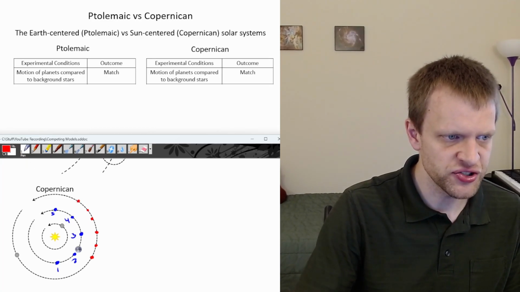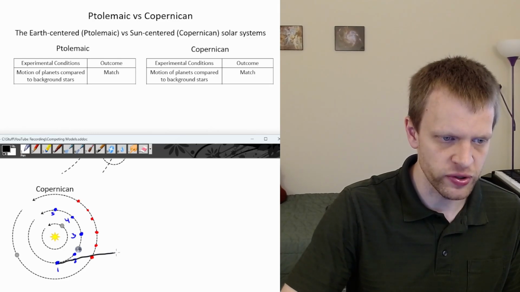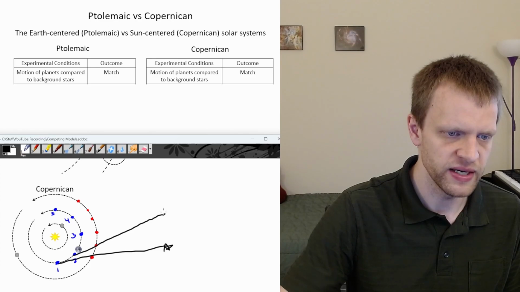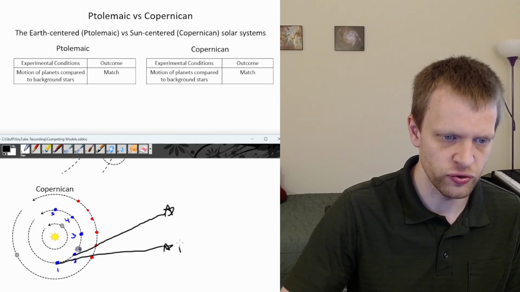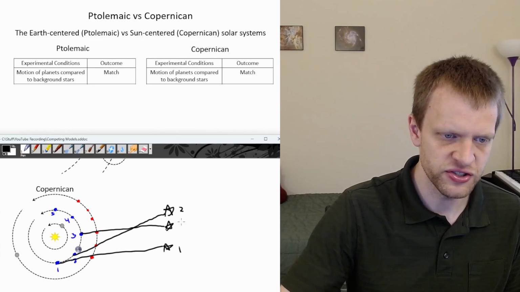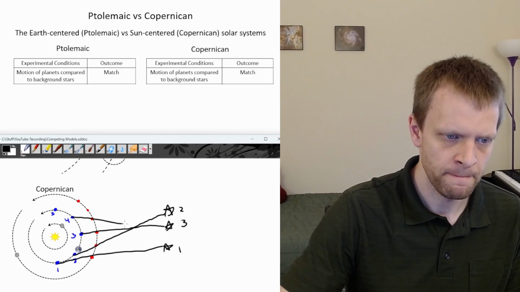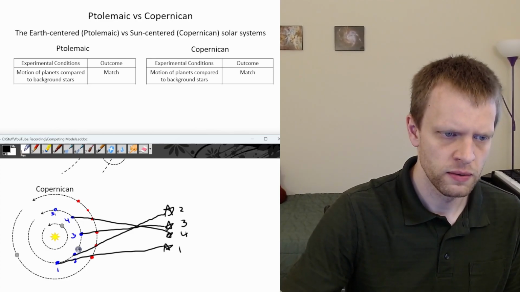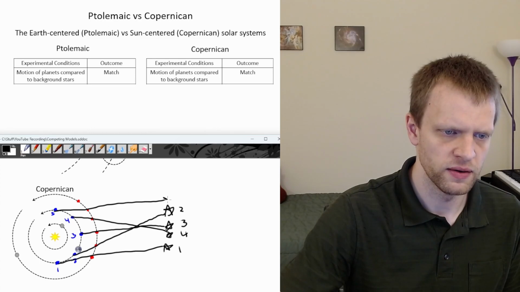So in this case, when we're matching up these orbits, we're going to say, well, I see an object over here. I now see this object in front of this star, so that would be 1, that would be 2. I now see the planet in front of this star, so this would be 3. And then over here for 4. And over here for 5.